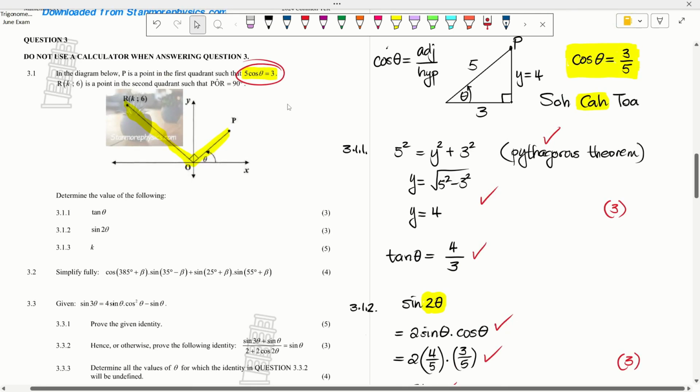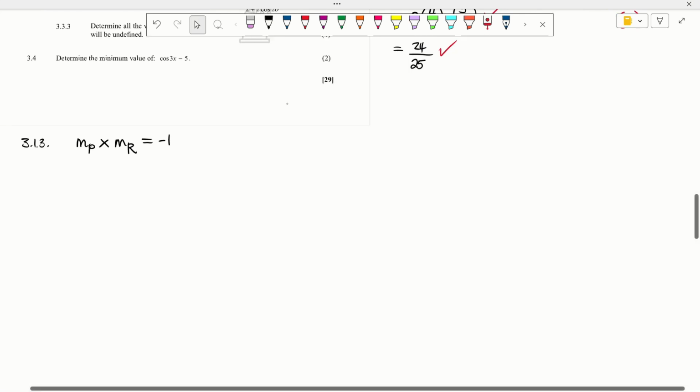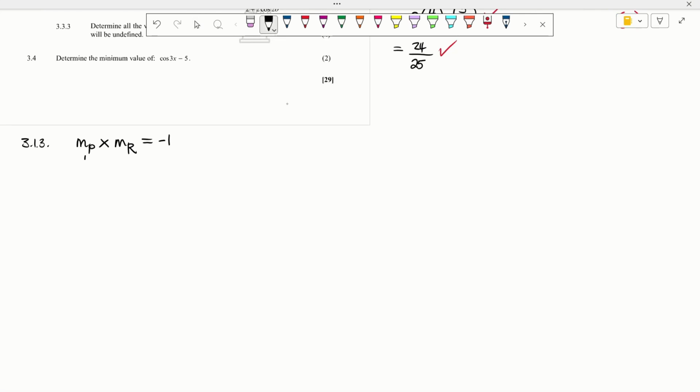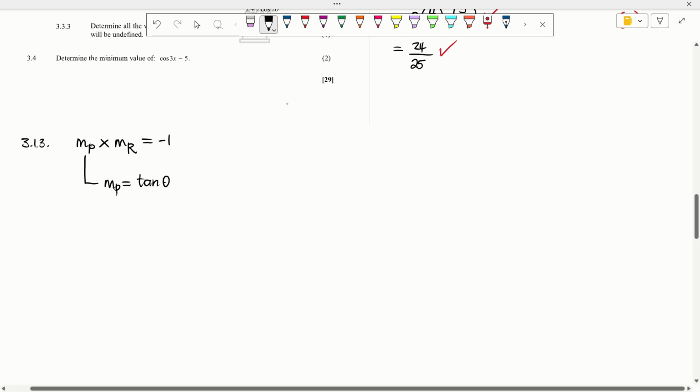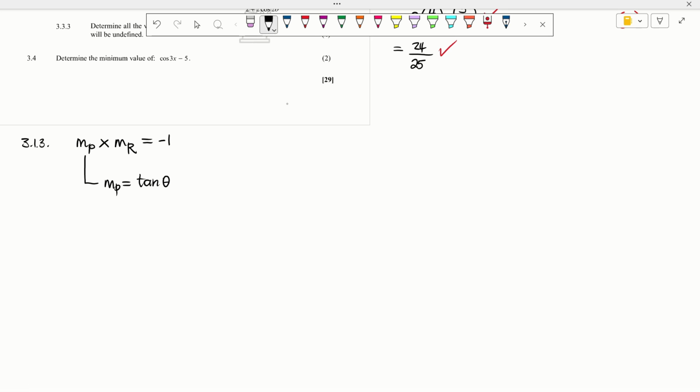And I already know the tan of theta. Remember from analytical geometry, the gradient of any line is equal to tan theta, which is the angle of elevation, or inclination, I think that's what they call it.